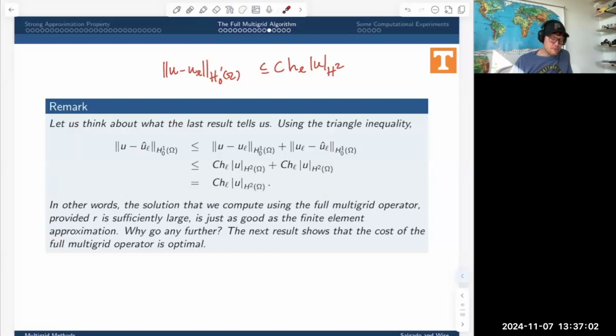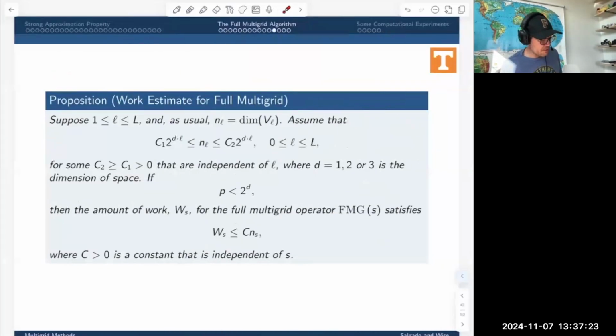Now, the next result shows that this new finite element method that we're computing is actually cheap to calculate. That's because the cost of this full multigrid algorithm is optimal. That's what we want to prove next. So this is what's called a work estimate.